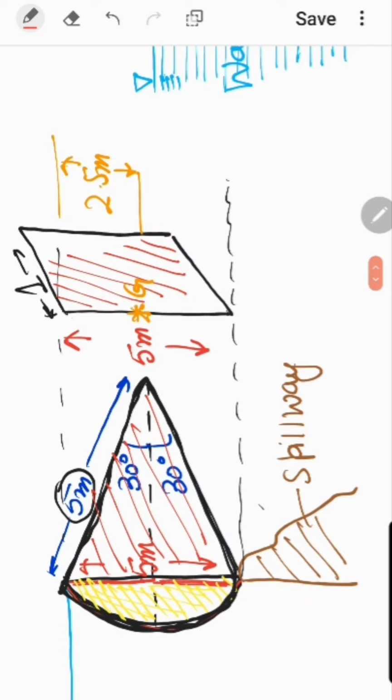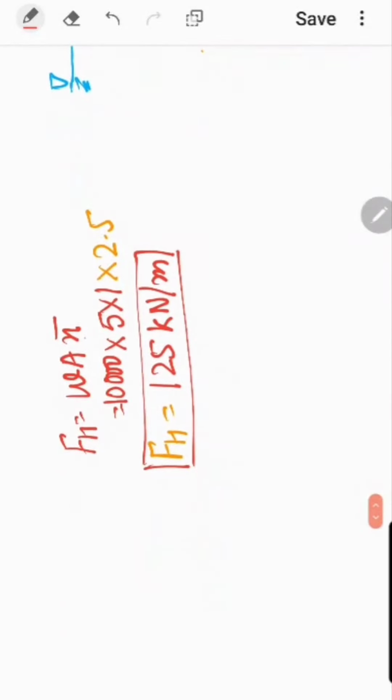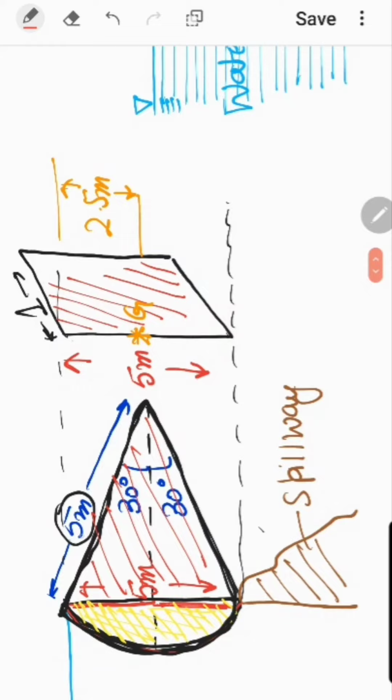So first of all, I need to find the area of the sectorial region. And from mathematics, we all know the area of the sector is given by theta divided by 360 into pi r square, where the radius of this sector is equal to 5 meter. Now, theta, the total inclusive angle, is 30 plus 30 is 60 degree.